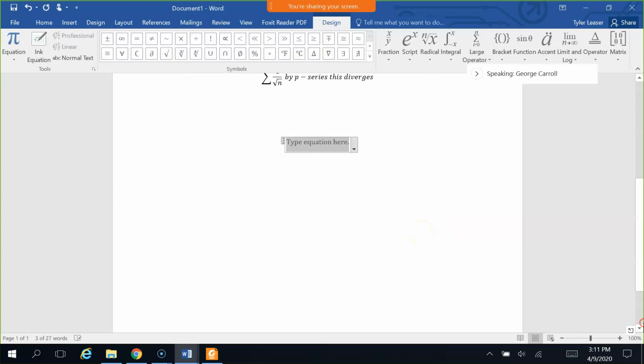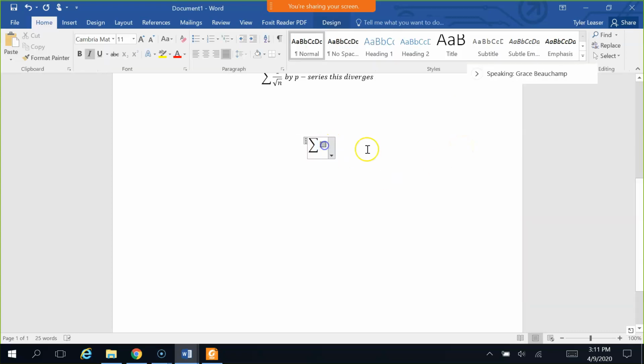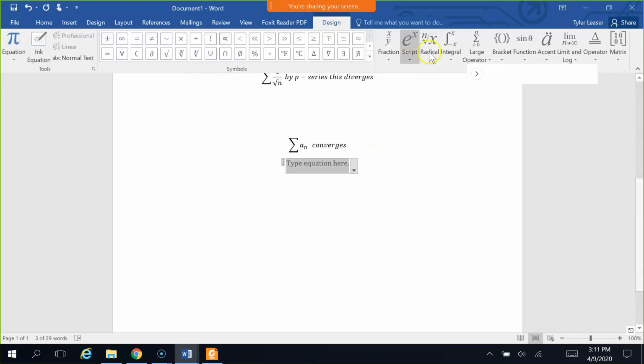Yeah. So if we have just a series, whatever that series is, a sub n, it could either converge or it could diverge. So let's say this one converges. Then we also have the absolute value series.